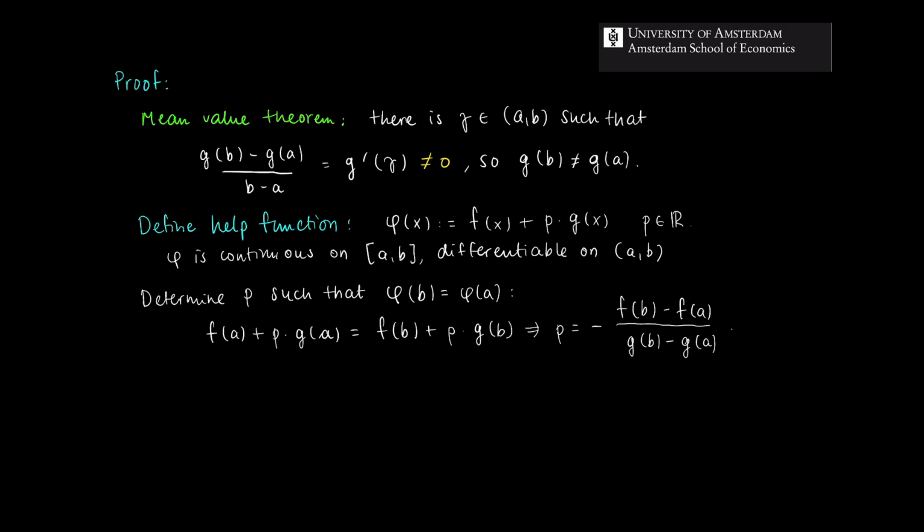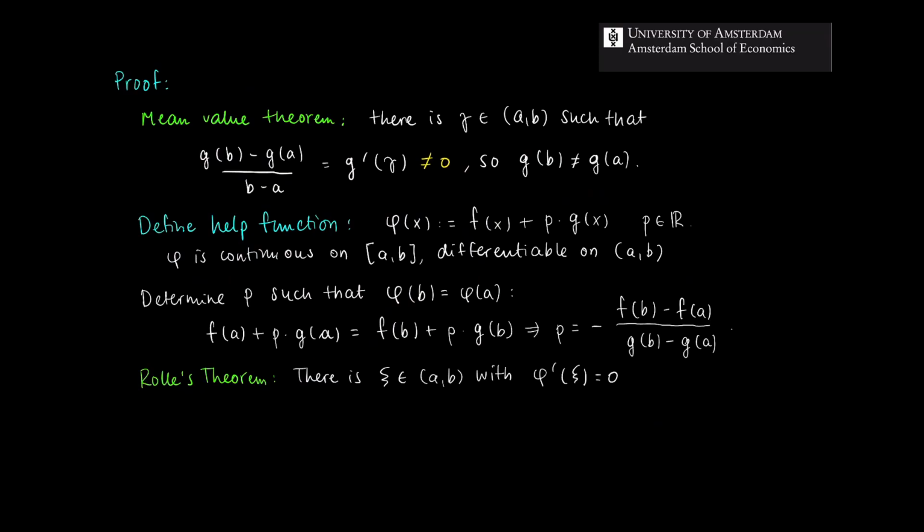Do you recall Rolle's theorem? If you move from a to b, then in the middle of the interval there should be a psi in (a, b) with the property that phi prime of psi equals 0. Just try to figure out a graph of this function phi and see that there must be a point between a and b for which the derivative is 0.